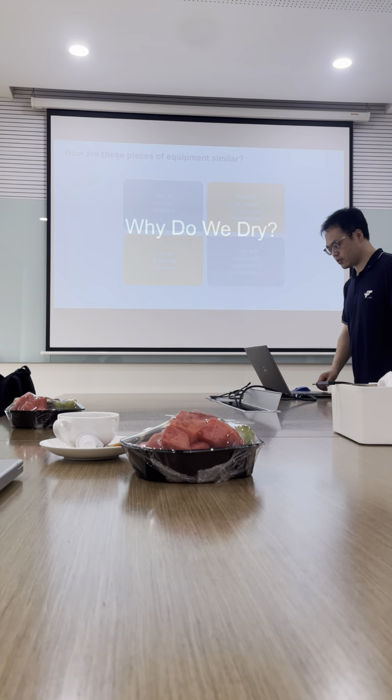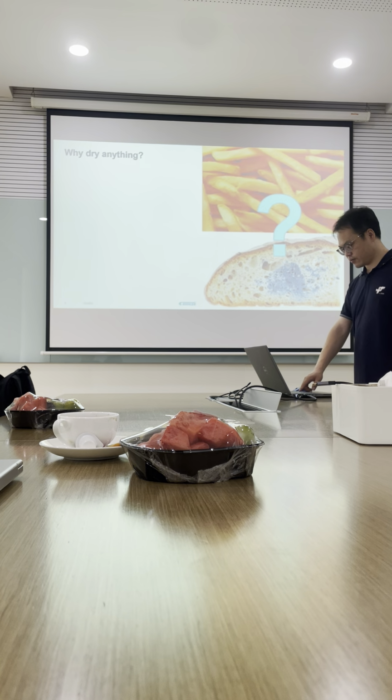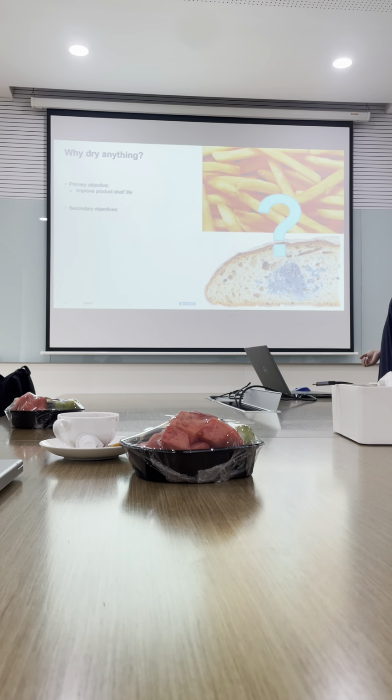We usually say the drying is very important. So why do we dry? The primary objective of drying is to improve the product shelf life. We know the shelf life is very important. If it is short, the product may be easy to damage, right?